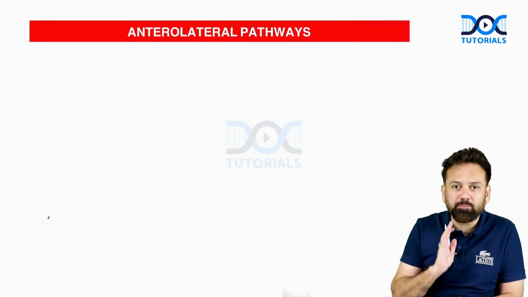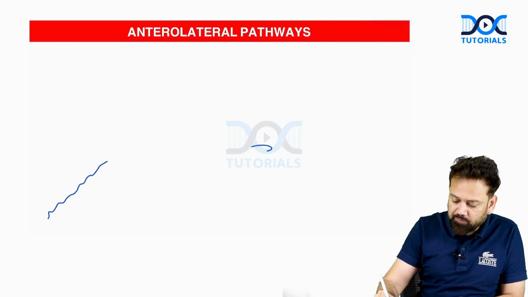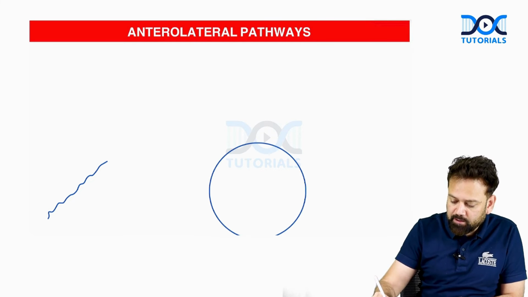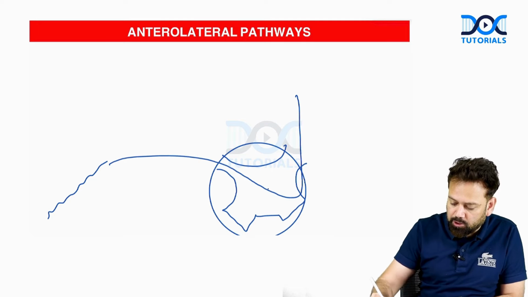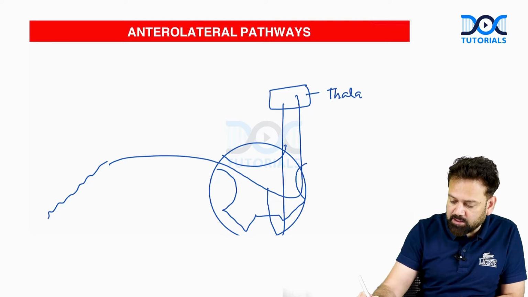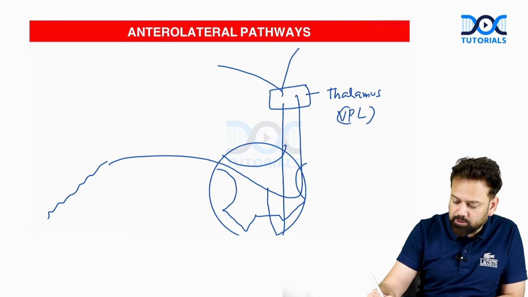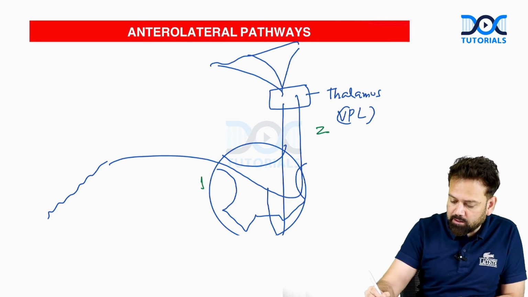Anterolateral pathway is very simple. Suppose pain and temperature or crude touch are stimulated, they will directly reach where? They will reach the spinal cord. Okay, and they will cross in the spinal cord anteriorly and laterally, and they will go to the thalamus. Where in the thalamus? Ventro posterior lateral, VPL, and ultimately they will go to the cortex. So first order neuron, second order, and third order.